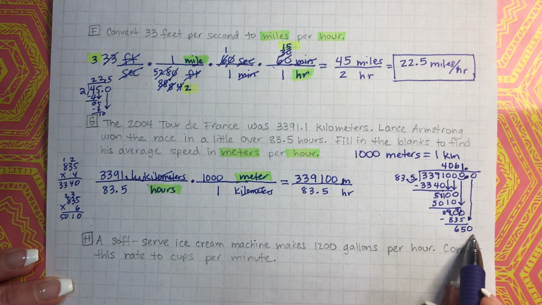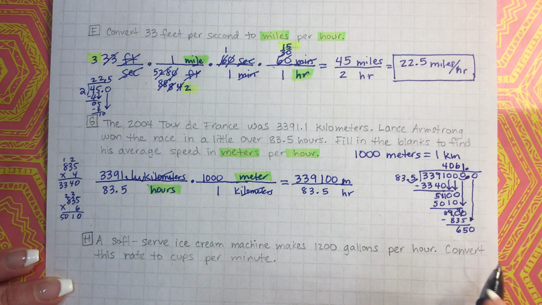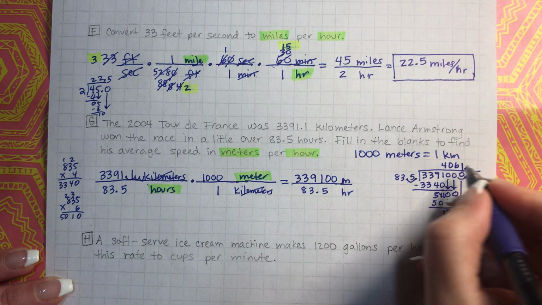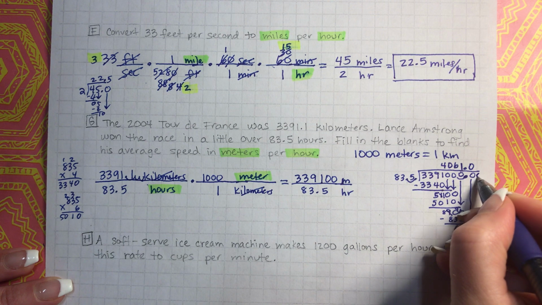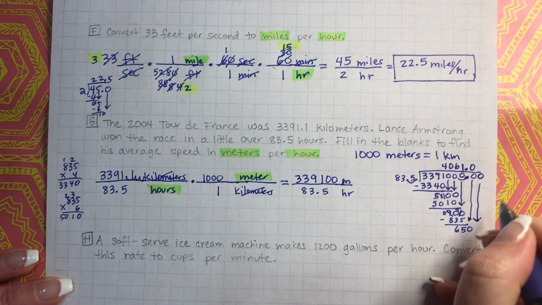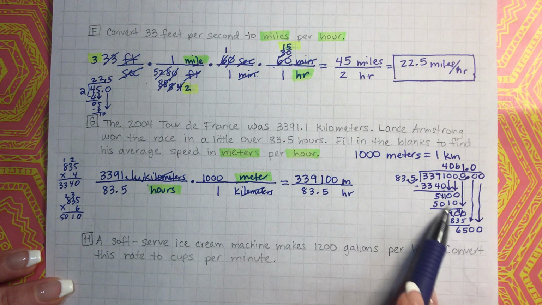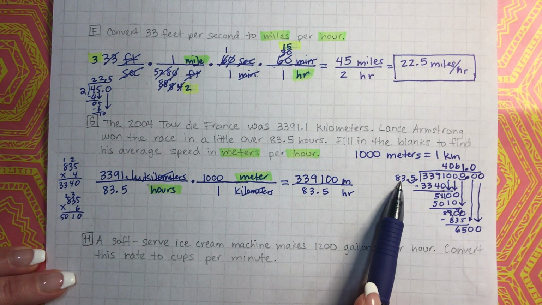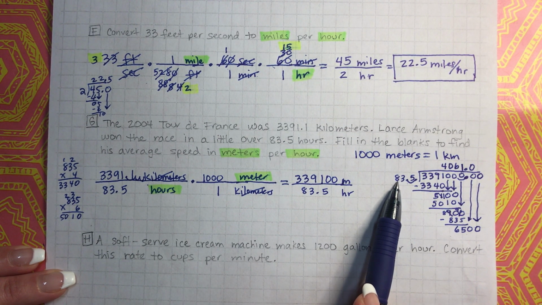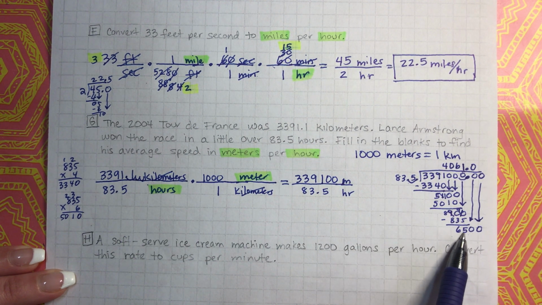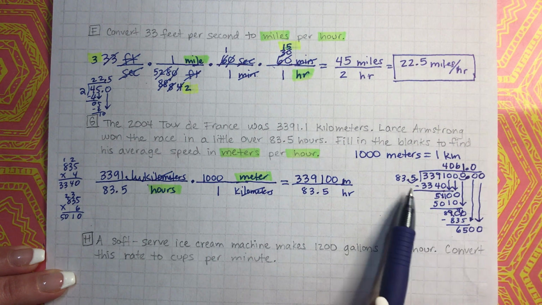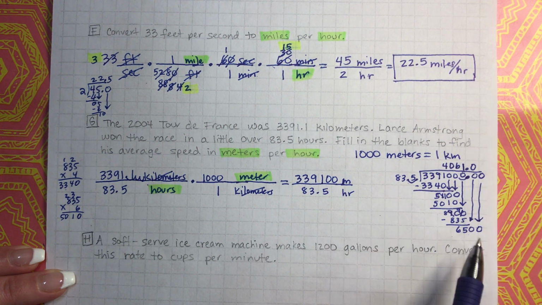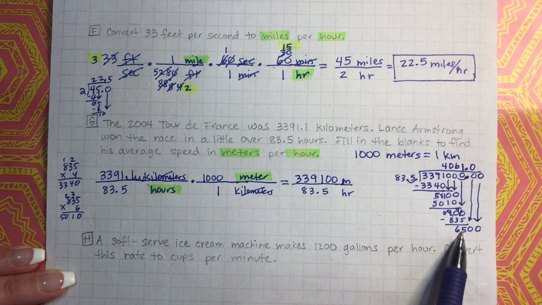Does 835 go into 650? It does not. So that would be a 0 here. And then you would add another 0, drop it down. Does 835 go into 6,500? I'm sure it does. Let's see. I'm thinking about 8 and 65. 8 times 8 is 64, and I don't think it's going to go in that many times.